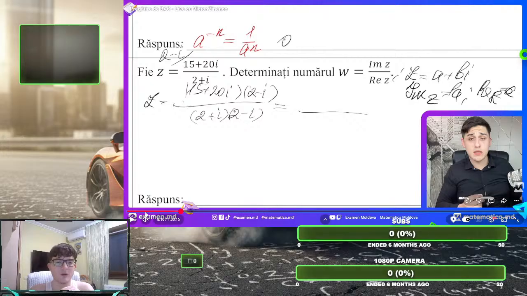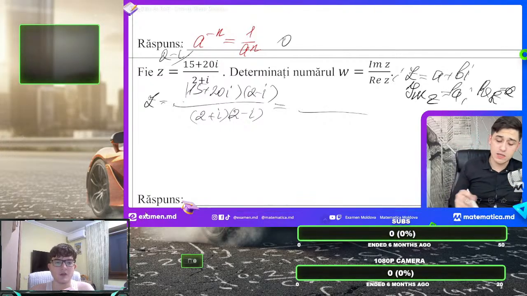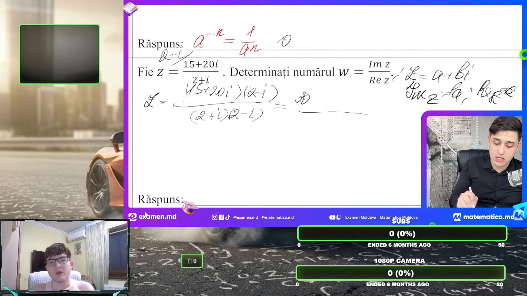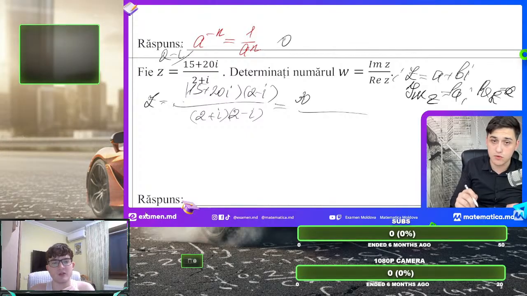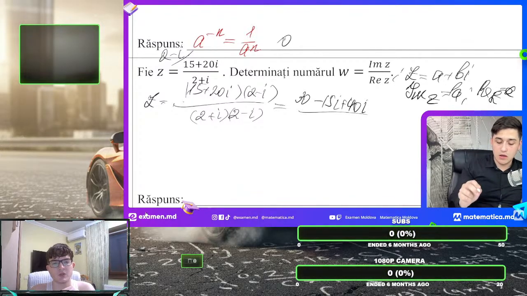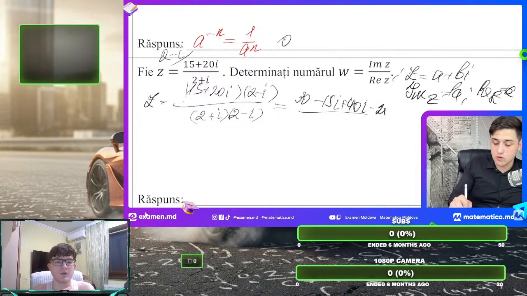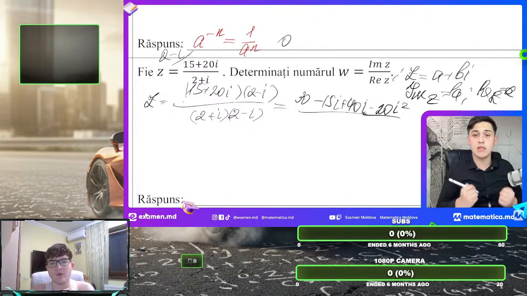It's going to be 4 minus i to the second power, which is minus minus 1, so it's going to be 5 below. And on top we have to multiply term by term. It's going to be 30 minus 15i plus 40i minus 20i to the second power, so this is going to be plus 20 once we plug in the i to the second power values.